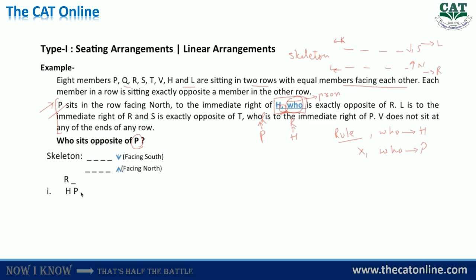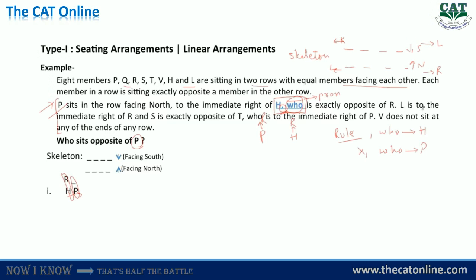So here in the lower row, P is sitting to the immediate right of H. So this is H, this is his right, who is exactly opposite of R. So these are opposite and this would be opposite to each other, right? So this is how these 4 people would be sitting.